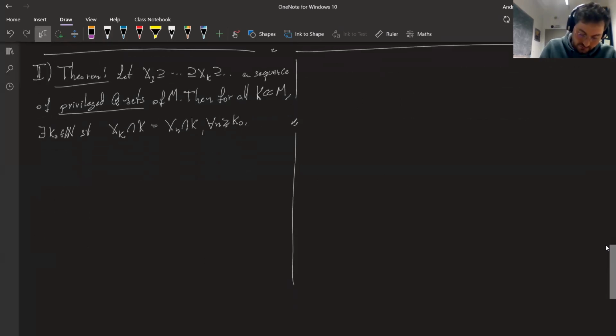And just to give the sketch of the proof without doing the details, it's going to be an induction.